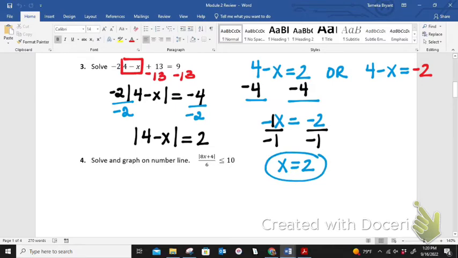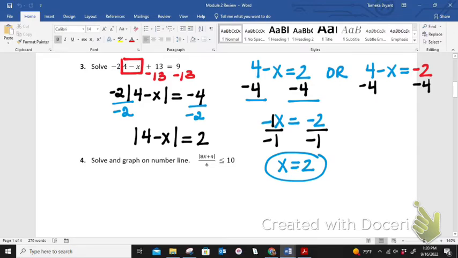Now using those same 2 steps, solve this equation to get your second answer. So we subtract the 4.